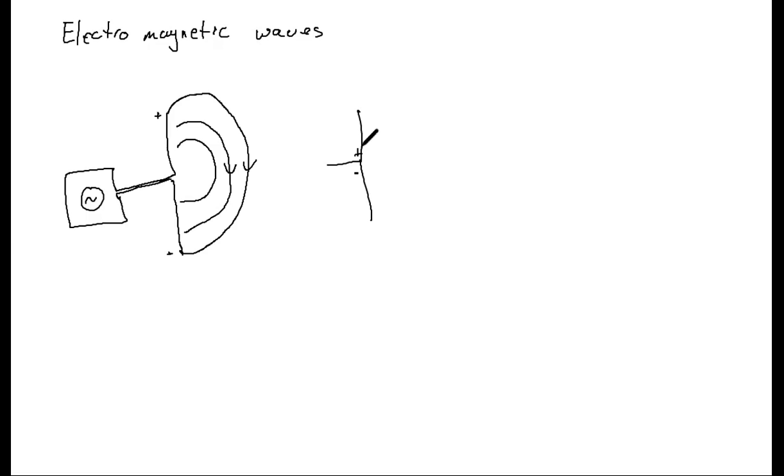Now the field lines, remember, they can't cross. I've already generated these field lines, and so they have to move off to the right so that I don't crisscross them.